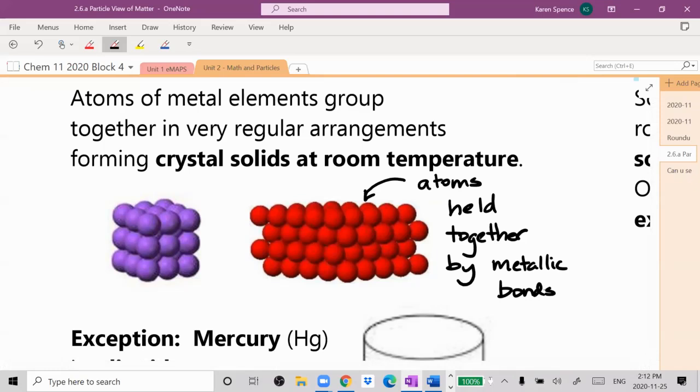Basically, in the middle of your metal atom, what is in the middle of every single atom? In the very middle of every single atom in the universe, a nucleus. And what charge is the nucleus? It is positive. Why is it positive? Because there's a bunch of protons there.